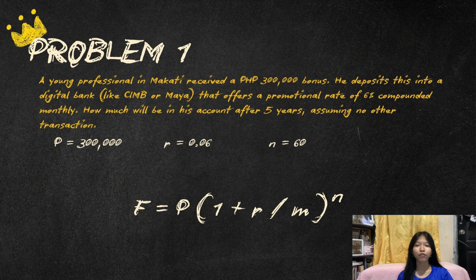So we will use the formula for maturity value or future value, which is F equals P times (1 plus r over m) raised to the power of n. Now, let's substitute our given to the formula.